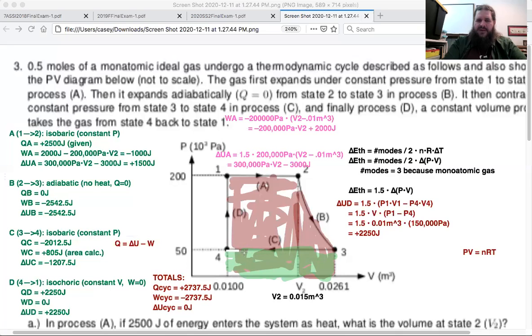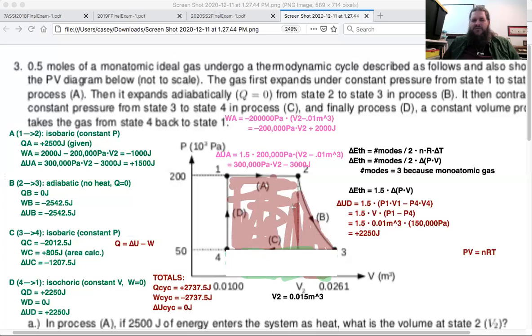Yeah, they're going to cancel out. So all that's left is the area inside the curve. If you've got a cyclic process, the total amount of work is the area enclosed inside that curve, because everything under the bottom part of the curve cancels out. So all that's left is the area inside the curve.